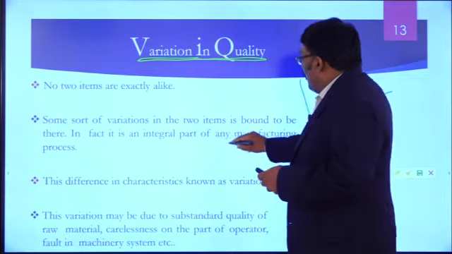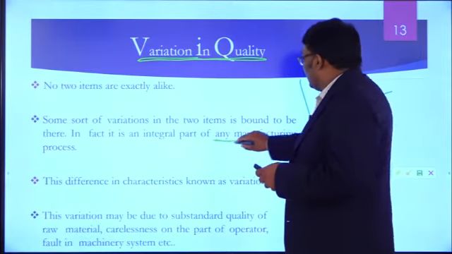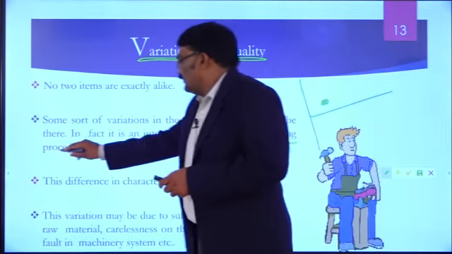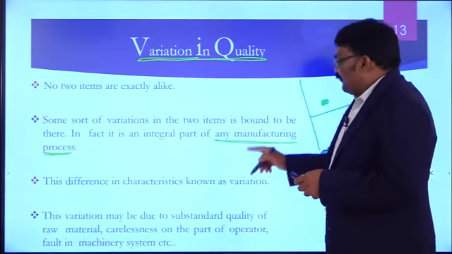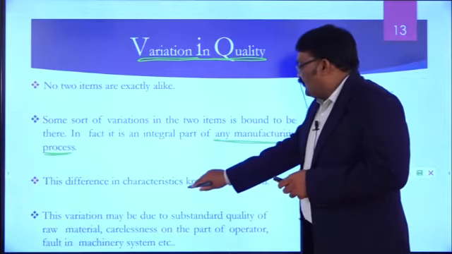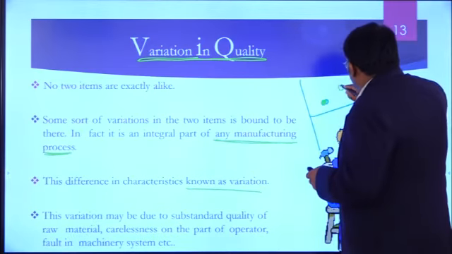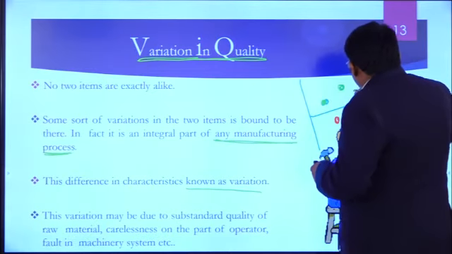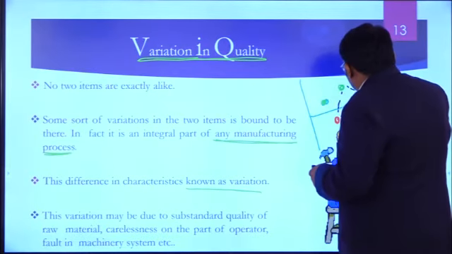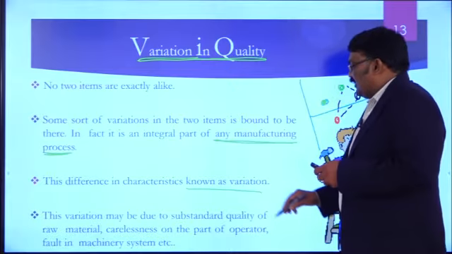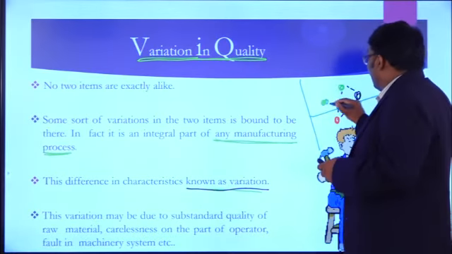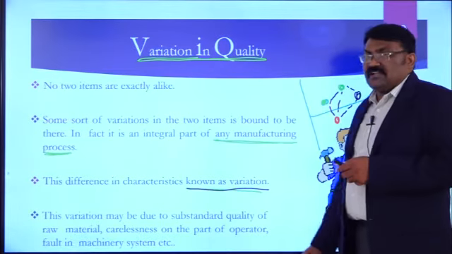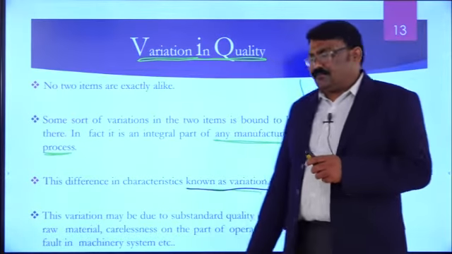This difference in characteristics is known as variance. So, for example, one product here, one product here and one product here, whatever differences there are between them is what is called variation, and definitely these variations will be there, okay.